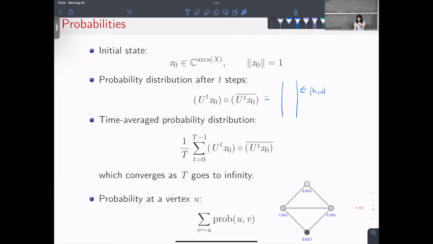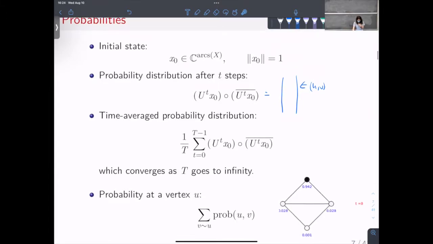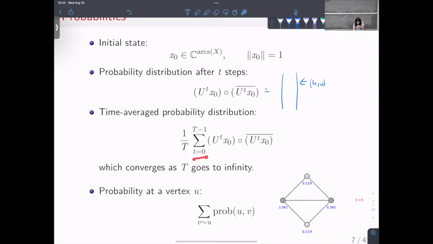Now, this distribution does not converge because a unitary matrix will preserve the distance between two consecutive steps. However, the average probability distribution does converge. What I mean by that is you sum up all the probability distributions for the first t steps and then take the average over t.